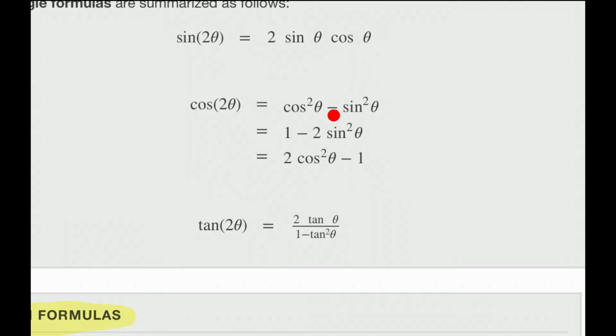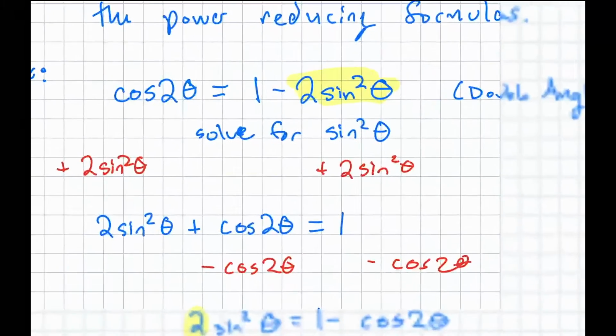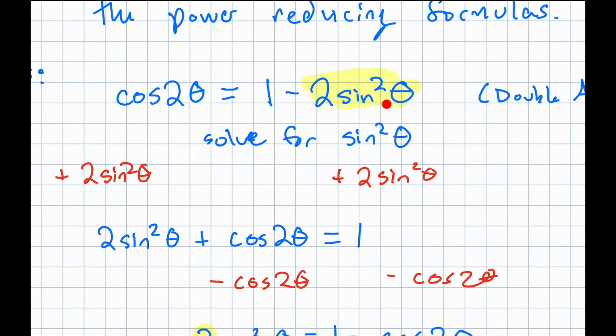This first one we don't use for this, but these second two are useful. So you start out with one of these, in this case the middle one from the double angle formulas, and you just use regular algebra to solve for sine squared. You have minus 2 sine squared on this side.